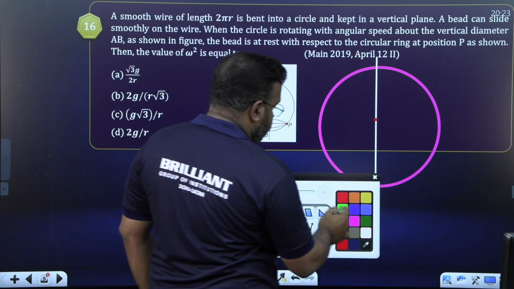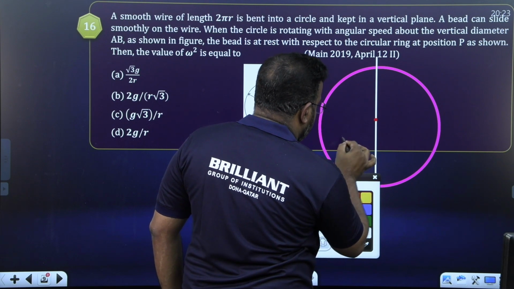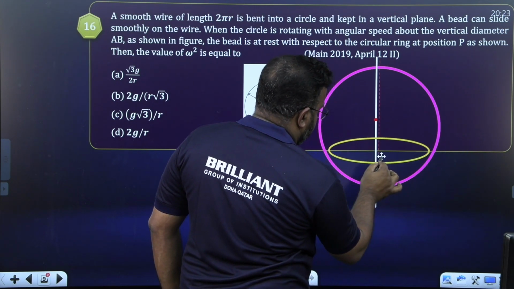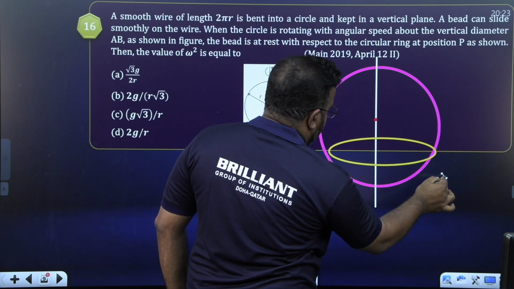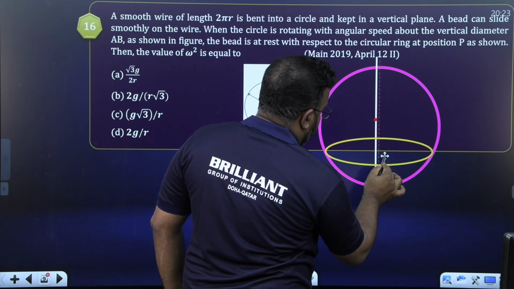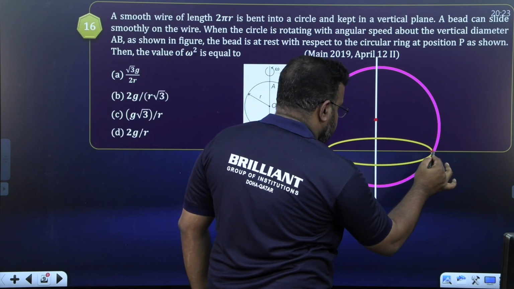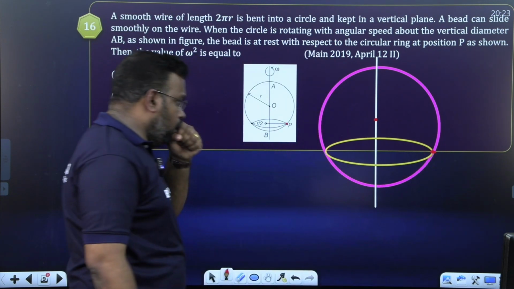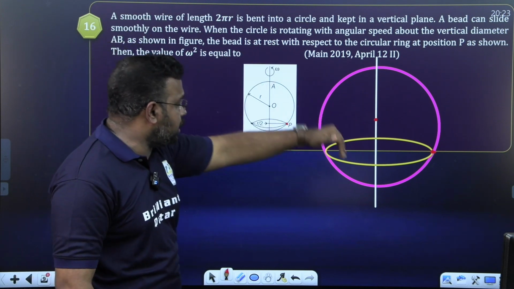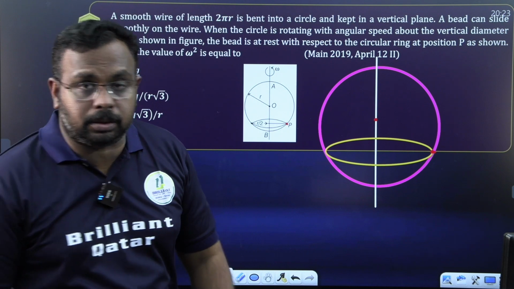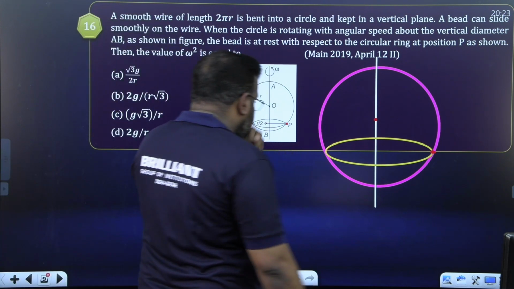You can see that. So there is a horizontal circle. Yeah. And here only the point P is being marked. P is here. And when the bead reaches that point, it is given that it is at rest. Okay.